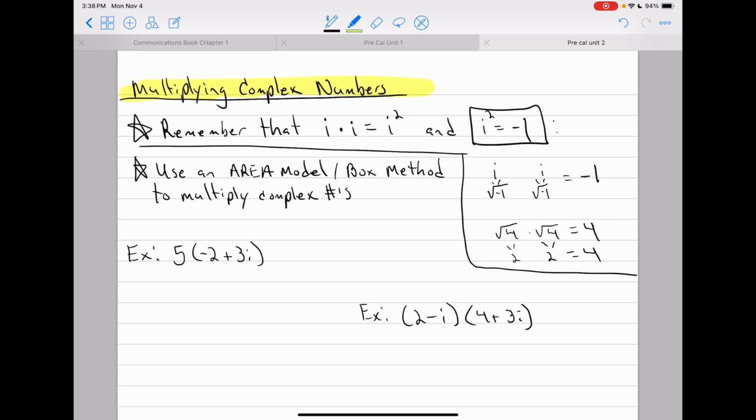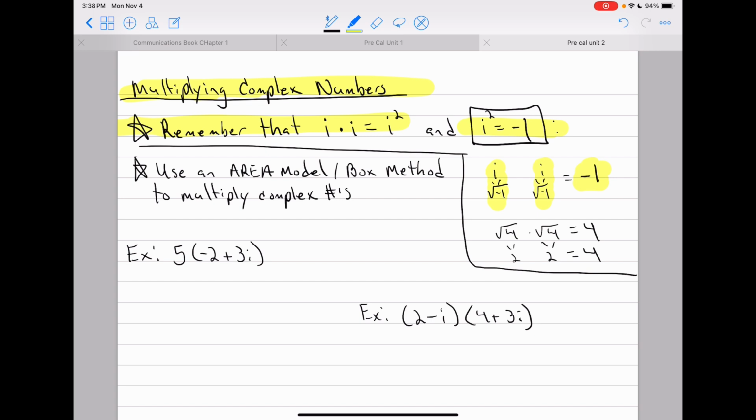All right, now let's talk about multiplying complex numbers. For multiplying complex numbers, I need you to remember that i times i is i squared, and i squared is always equal to -1. If you're trying to remember why, i is the square root of -1, and the square root of -1 times the square root of -1 is -1.